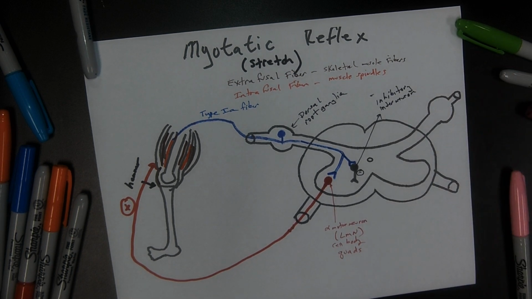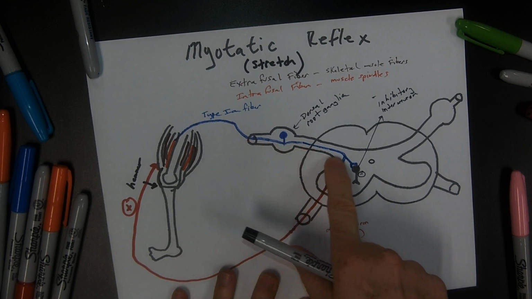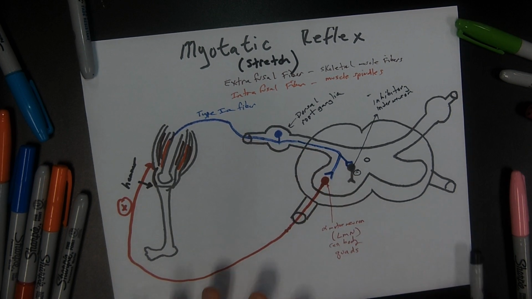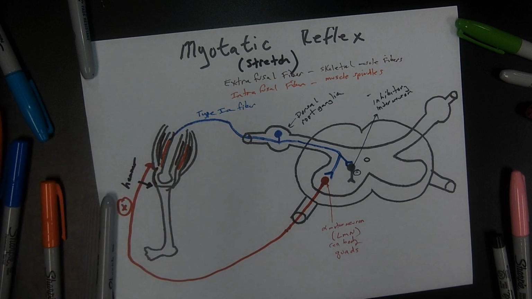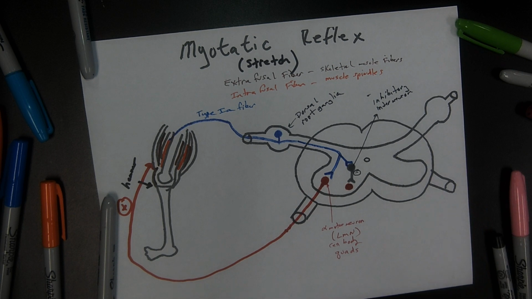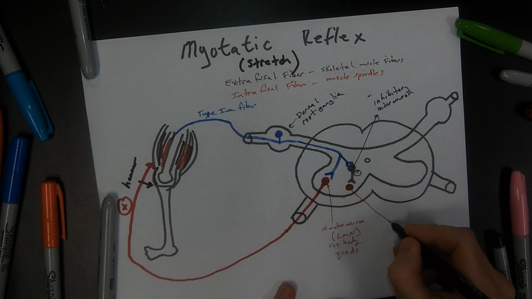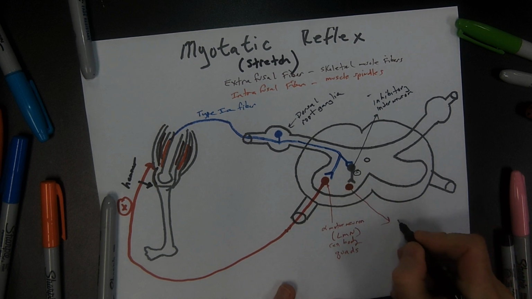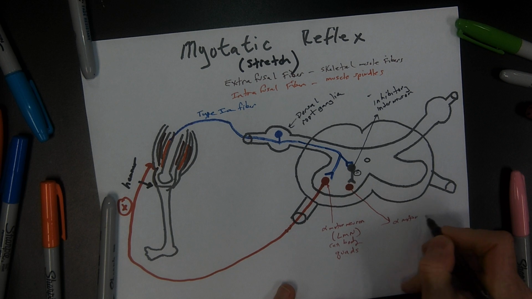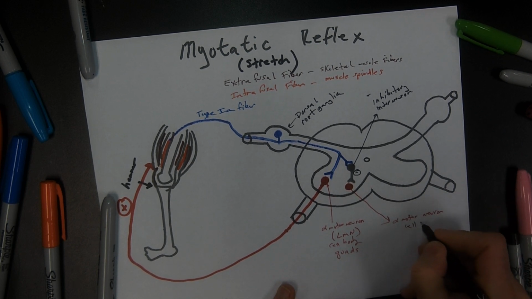Okay, so not only does that type 1A fiber synapse with quadriceps in a stimulatory manner, it also synapses with this inhibitory neuron, and the inhibitory neuron is going to inhibit the alpha motor neuron that is responsible for hamstrings. So this is your alpha motor neuron cell body for hamstrings.